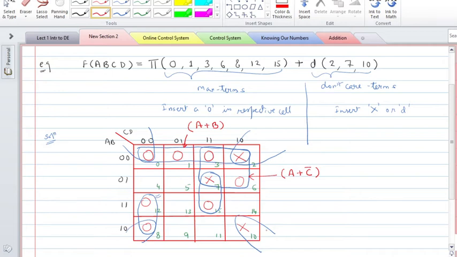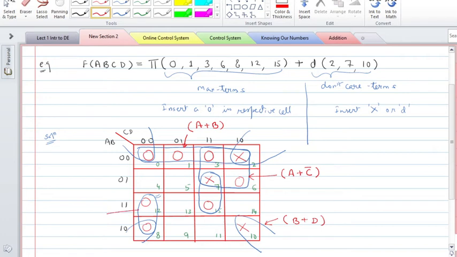Third group is this one, that is B is constant, so B, okay, and for this group D is constant with value 0, so we have to write D.